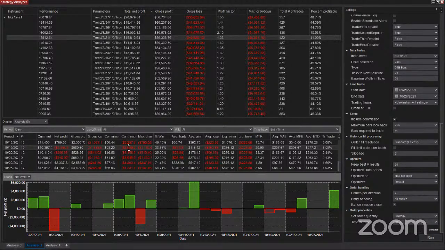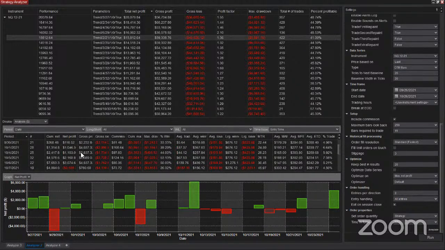But what I'm also looking at is how has this performed over the last few trading days. So remember, this is every single day. So it's had a few losing days, but then the last few days, like 22, 25, which was yesterday, these specific settings made 4,184. I do, however, have 2 entries per direction.